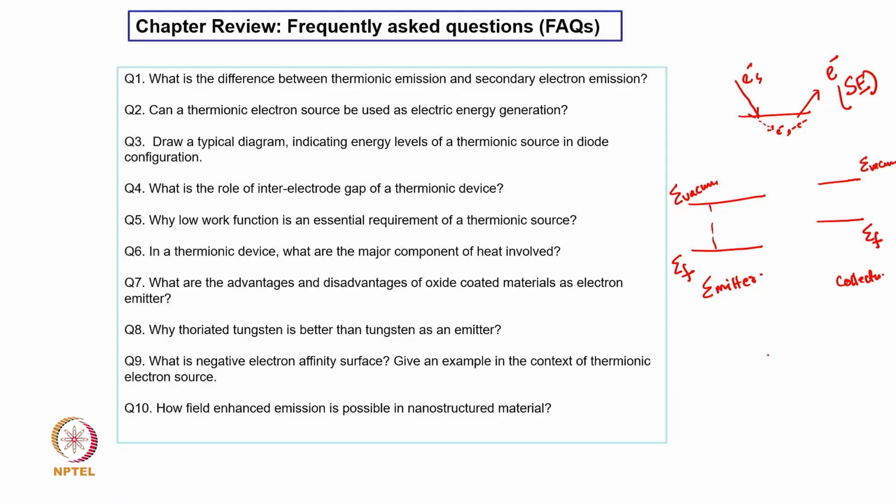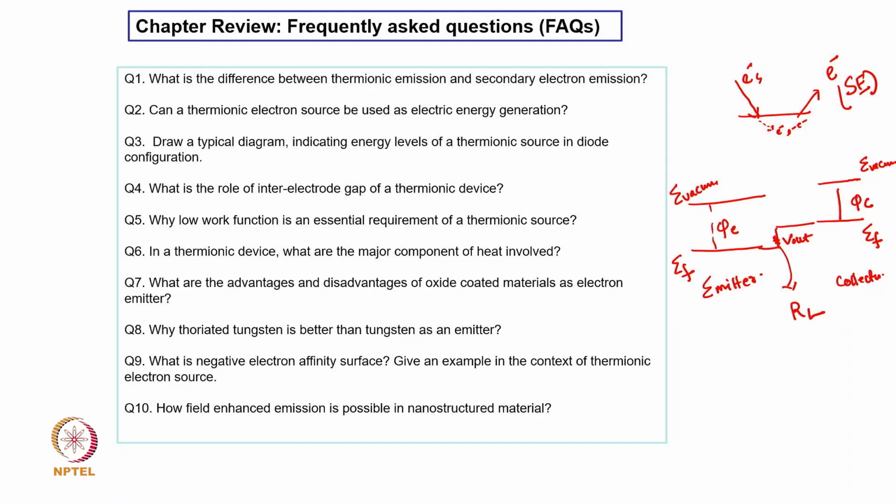This is the collector side. Okay. So, this is phi E, this is phi C. And the difference between phi E and phi C is actually the voltage out if you have a load connected here. Okay. All right. So, this is a typical energy diagram of a thermionic emission device.